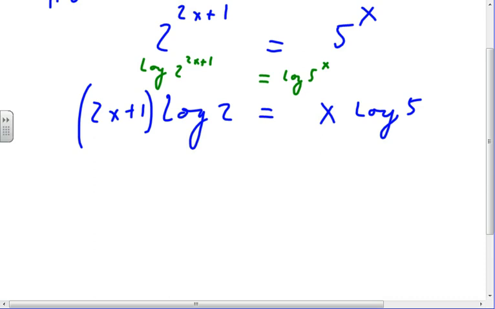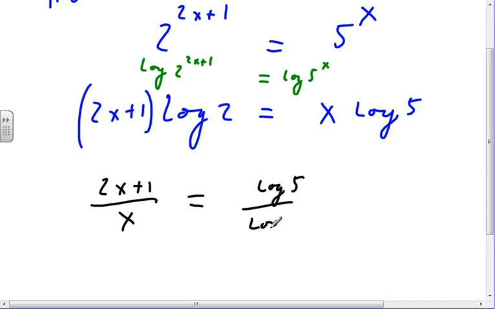So now I've got that. Now I'm going to cross multiply some. 2x plus 1 divided by x is equal to log 5 divided by log 2.